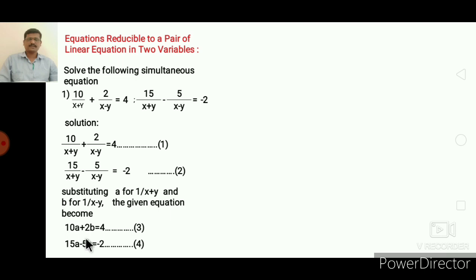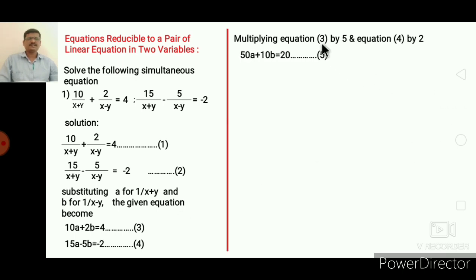So, students, I will make equal the coefficient of variable b. Multiply equation 3 by 5, means 5 into 10a plus 2b is equal to 4, means 15a plus 10b is equal to 20, equation 5, and equation 4 by 2.